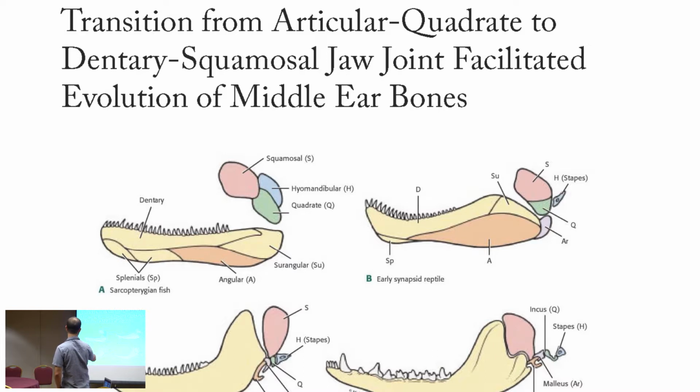Once you get to an early mammal here, the squamosal bone and the dentary make a new jaw joint. What used to be these large fish jaw bones have now recessed up into the middle ear. Because a new jaw has formed, they no longer need these old fish bones to be the jaw, and that allows them to be repurposed to a new function.